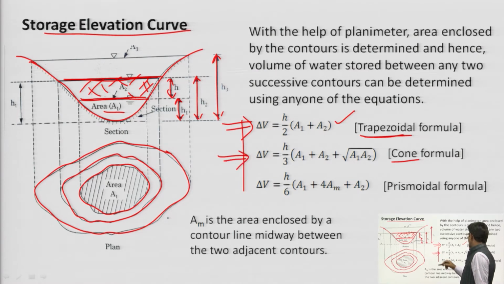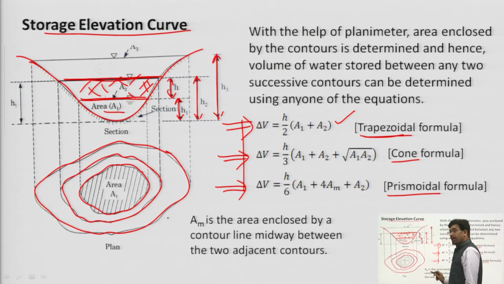these equations: A1 plus A2 plus under root of A1 into A2. And in prismoidal conditions, we will use this one formula, h by 6 times of A1 plus 4Am plus A2. What is Am?